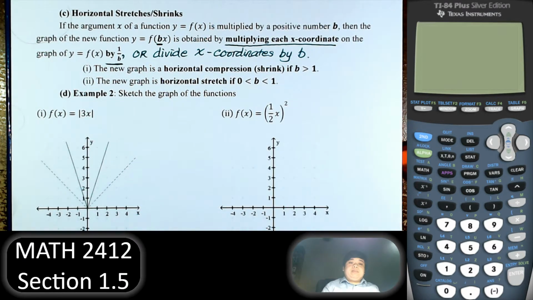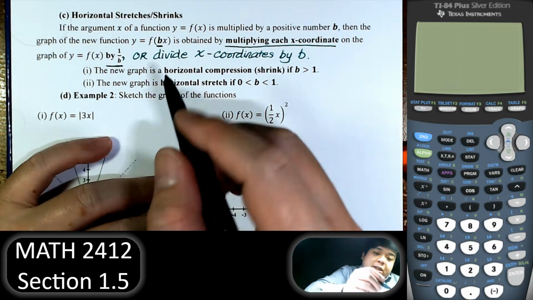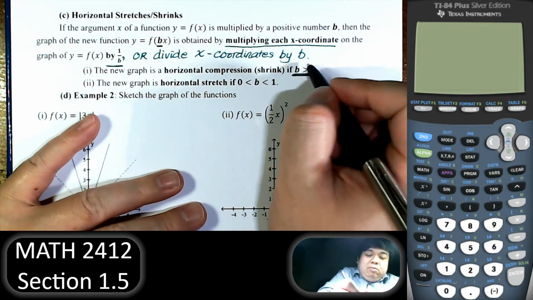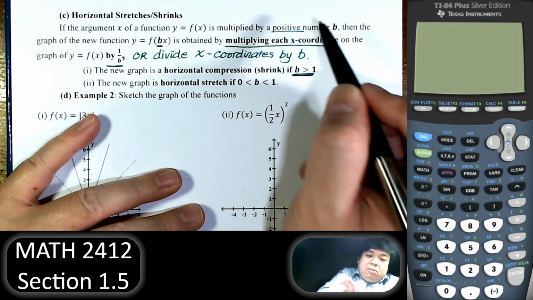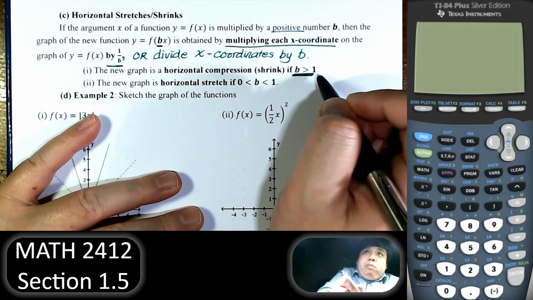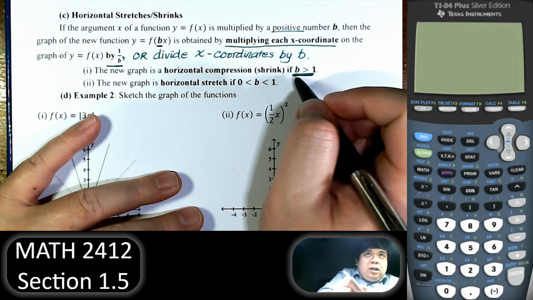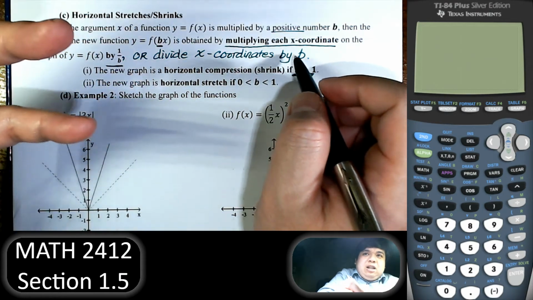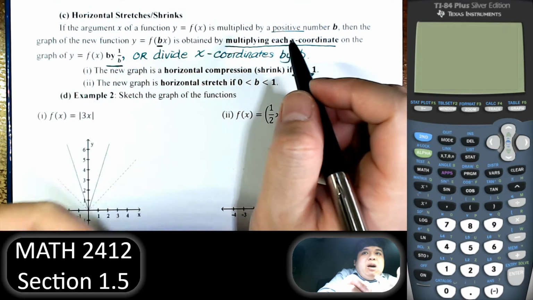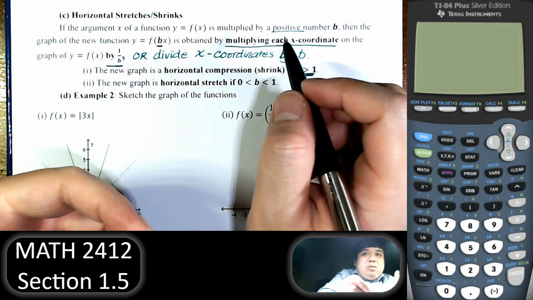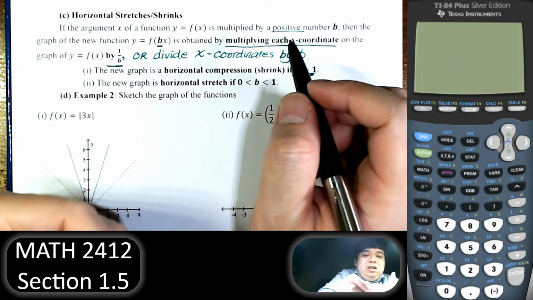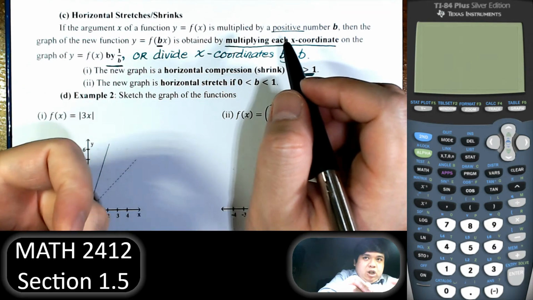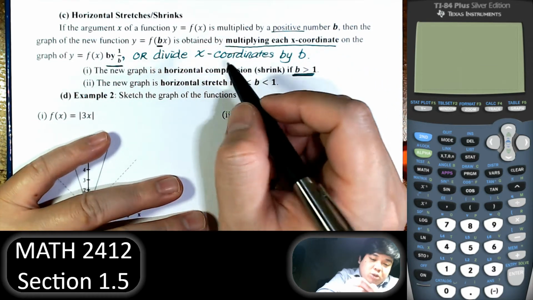Right. Now, in this case, if that number is positive and b is bigger than 1, meaning that we divide by something bigger than 1, think about dividing by 2. If we have a number divided by 2, that will be smaller, right?